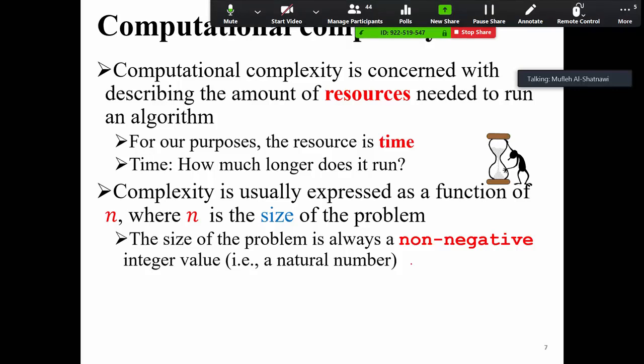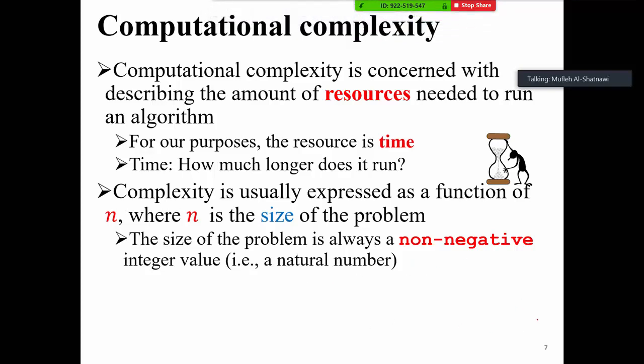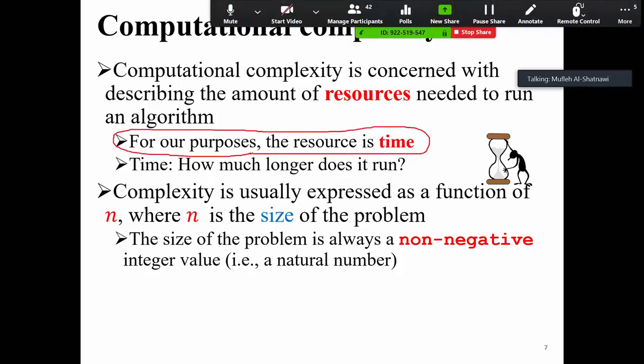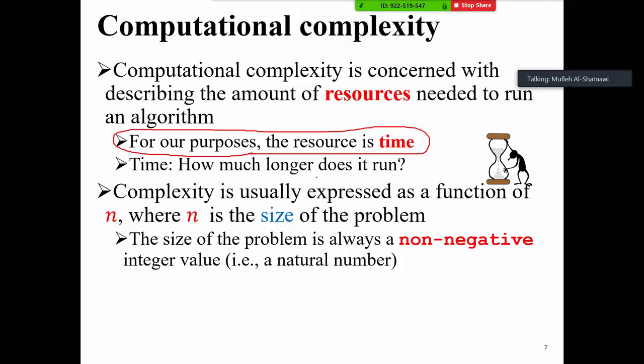Time complexity is about how much execution time the algorithm will use. For this course, we will focus on the time complexity, and we would like to know how long this program will take to execute.